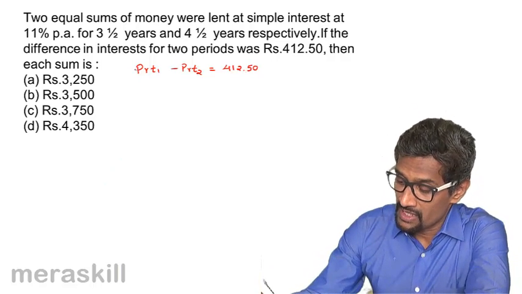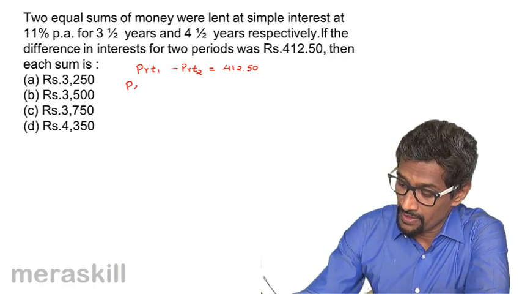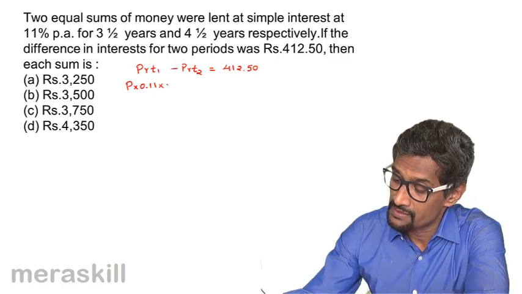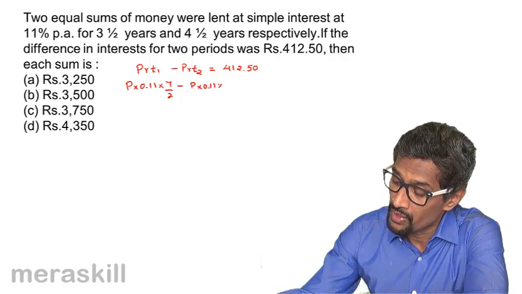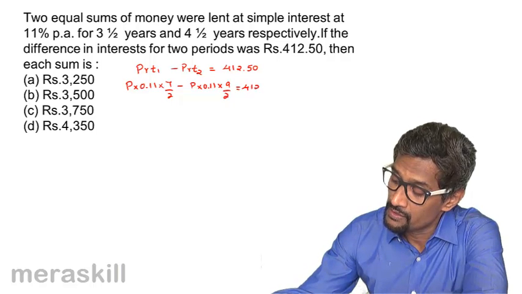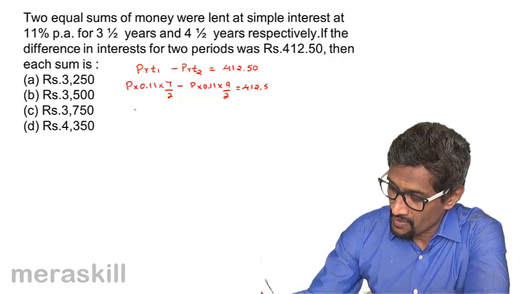So equal sums, let that sum be P. Rate is 0.11 into 3.5 years, that is 7 by 2, minus P into 0.11, same rate, into T2, that is 9 by 2, is equal to 412.5.